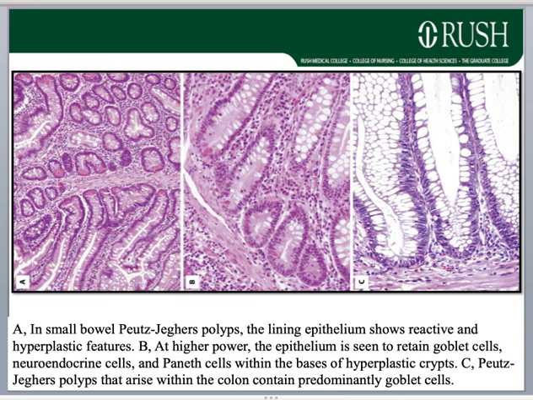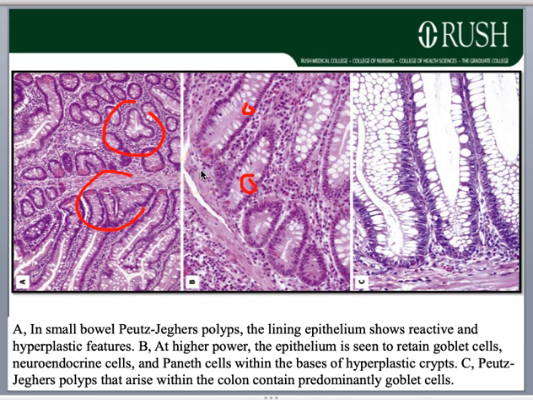The first two panels from left to right, panels A and B, are from a small bowel Peutz-Jeghers polyp, and the lining epithelium shows reactive and hyperplastic features, which you can appreciate by some of these more oddly, almost stellate shapes, branching, but the cells lining these glands are still native to the small bowel and include goblet cells, these pink absorptive type cells.